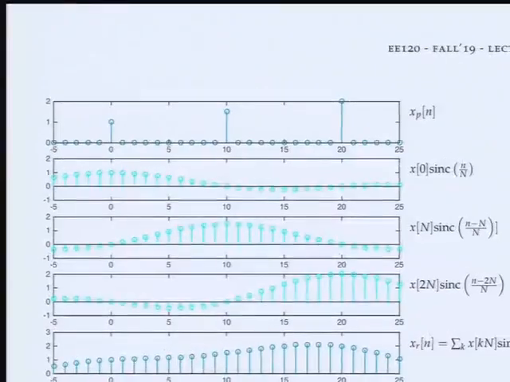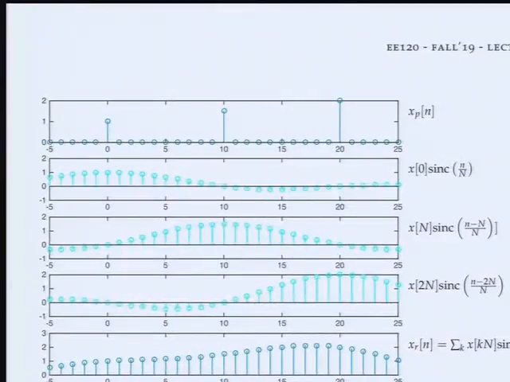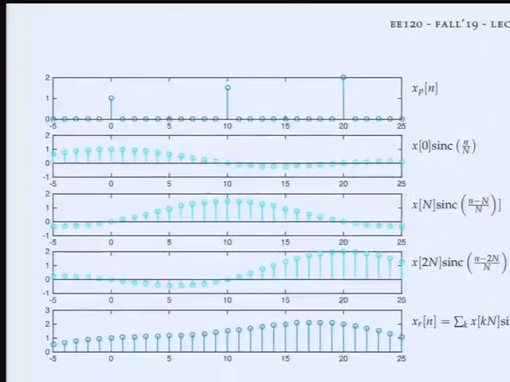Here's an example. We have a signal that's sampled with N equal to 10. We threw away 9 samples in the middle and kept every 10th, so it looks like this. When I'm doing the reconstruction, I attach to the first sample at time 0 a sinc(n/10), which looks like the second plot from the top. To the sample at n equal to 10, I attach a sinc centered at 10, the third plot from the top.